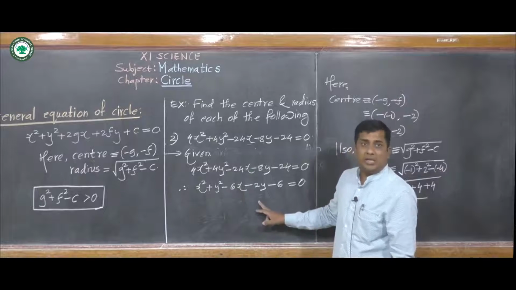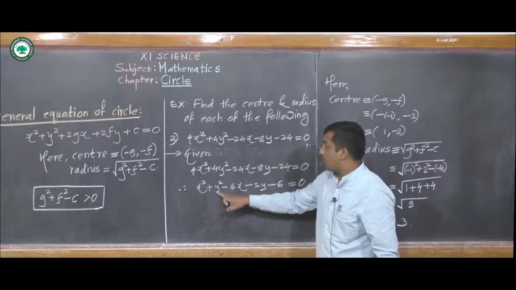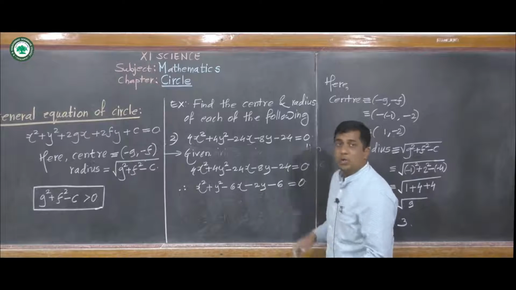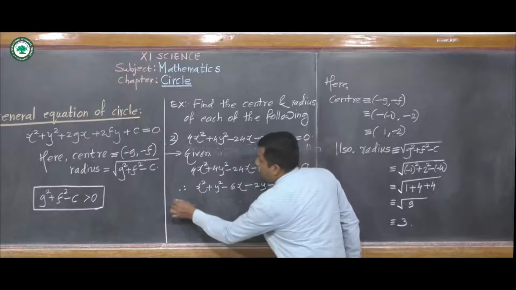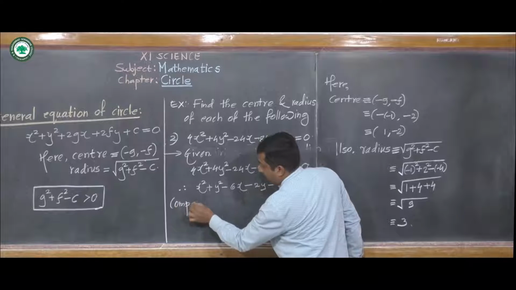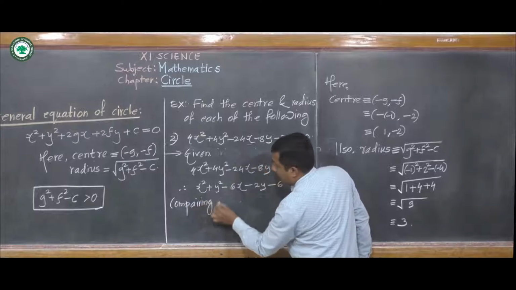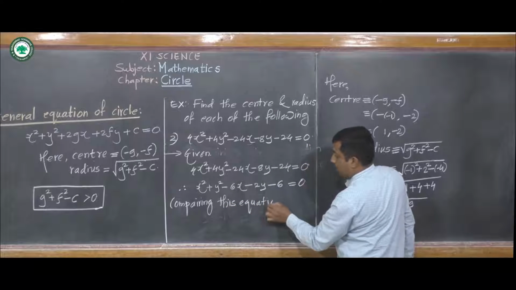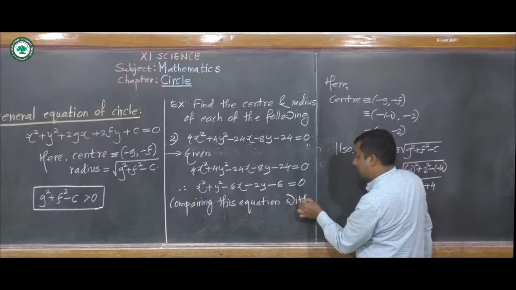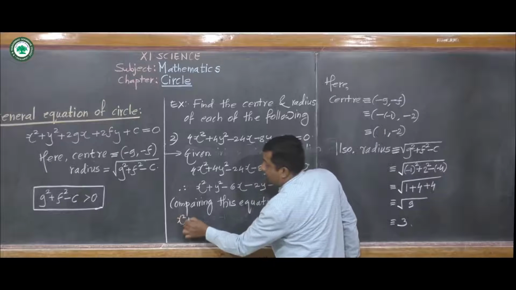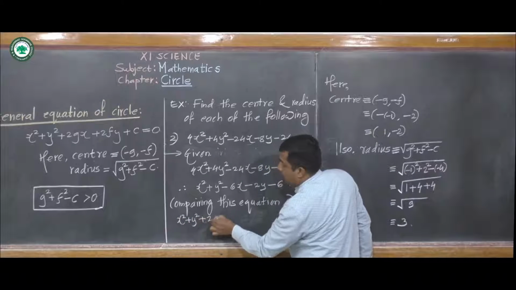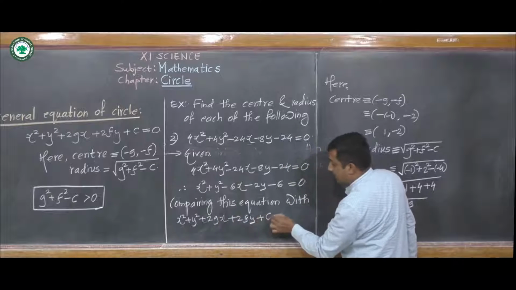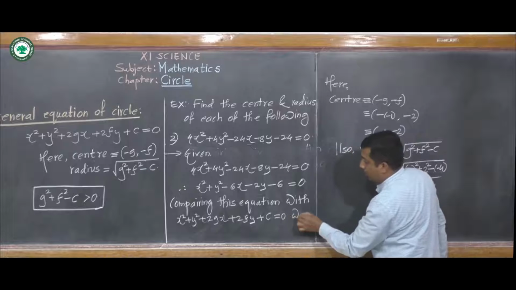Now this equation is in the form x square plus y square plus 2gx plus 2fy plus c is equal to 0. So we compare, or I write here, comparing this equation with x square plus y square plus 2gx plus 2fy plus c is equal to 0.